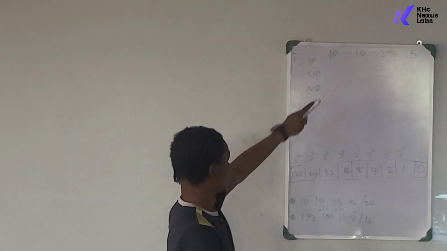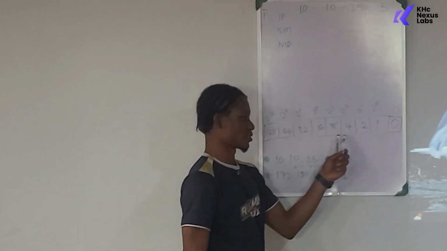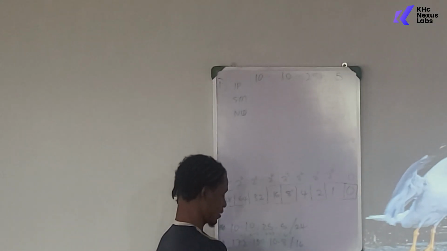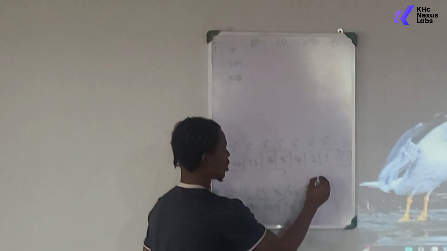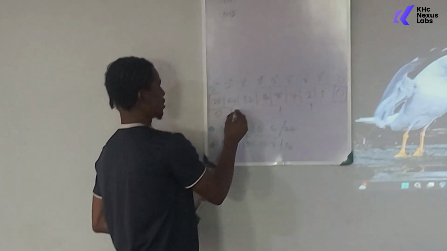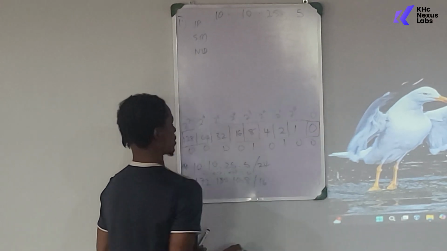Now, we want to get the binary of 10. What two numbers will give us 10? 8 and 2, correct? So now we are going to turn on those two. And then the others that we didn't work with would all be zeros.